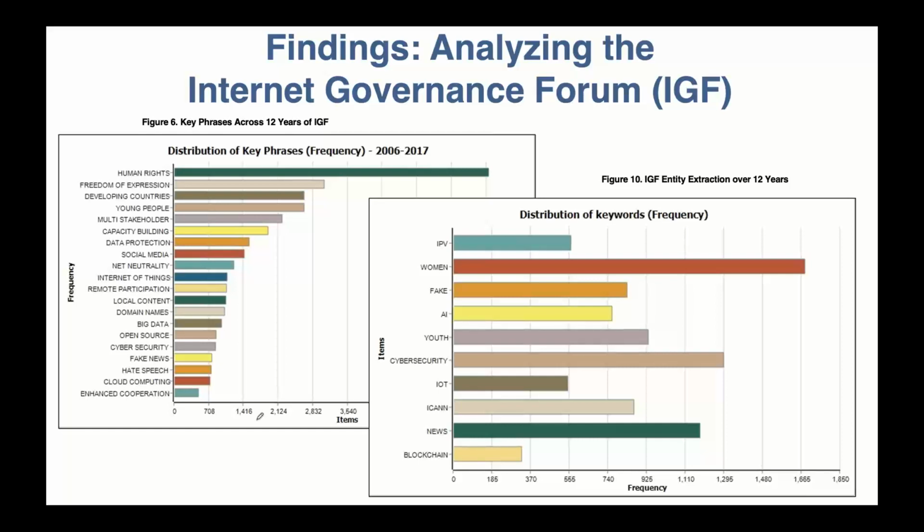Freedom of expression is another very highly ranked phrase. Developing countries, multi-stakeholder, data protection, social media, net neutrality, the Internet of Things, remote participation. These are all concepts confirming that this data set and these techniques are pulling out key themes and topics.